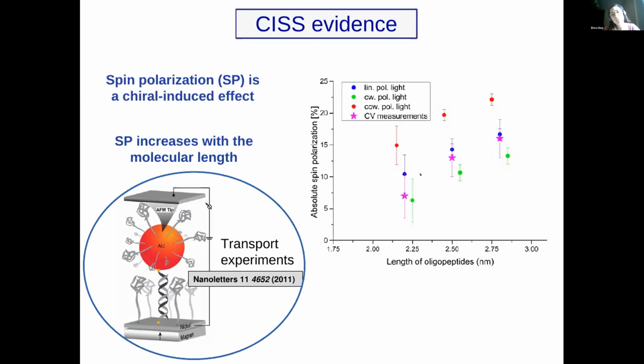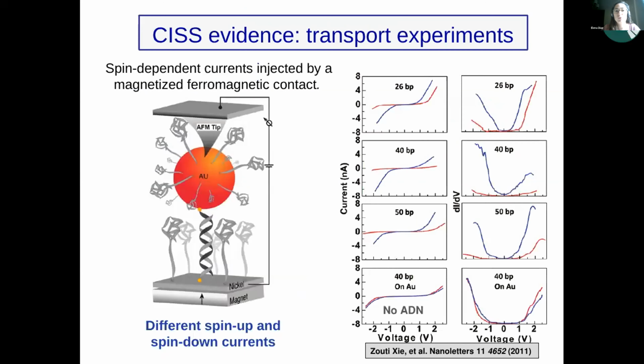So this is the effect we want to model in the work I'm going to present in this talk, related to transport experiments. And therefore I want to get a little deeper insight into these experiments. So usually for these transport experiments, we have a molecular junction made with a chiral molecule, and we have two contacts.